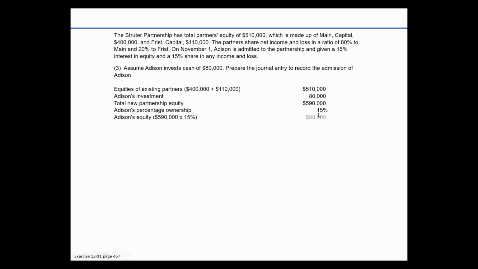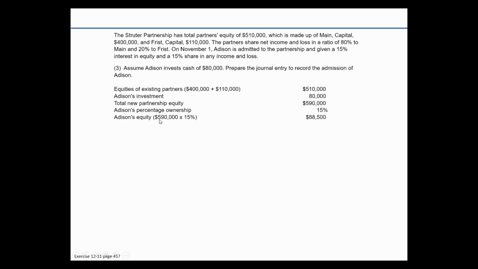Let's say that Addison invests cash of 80,000. So we see that again, the equities of the existing partners is $510,000 total. Addison's investment is 80,000, and so the new partnership equity is 590,000 for all three of them. Her percentage remains at 15%.